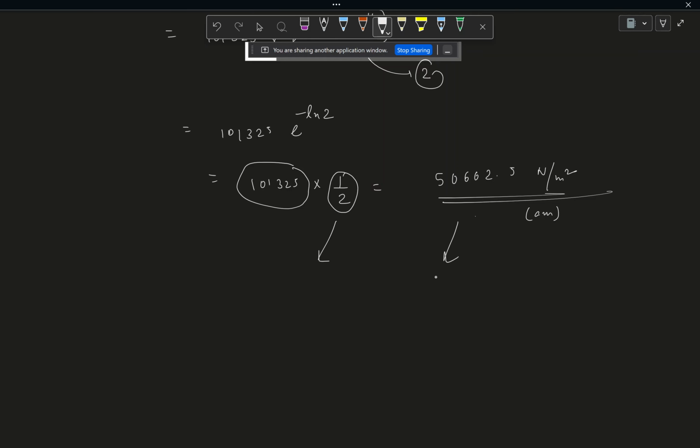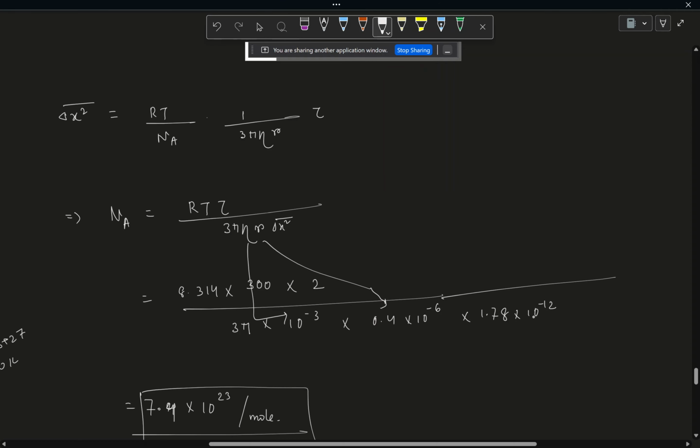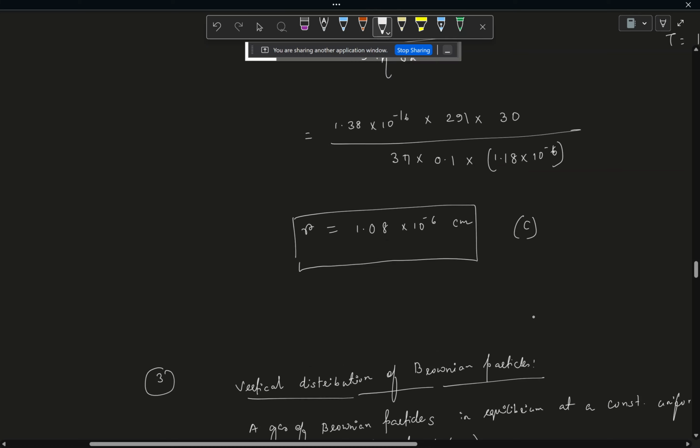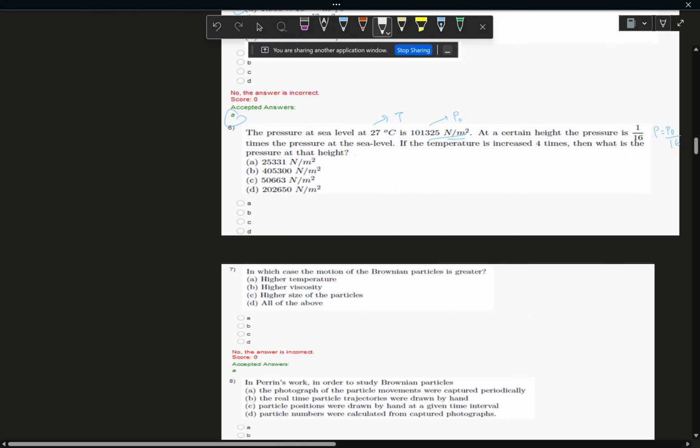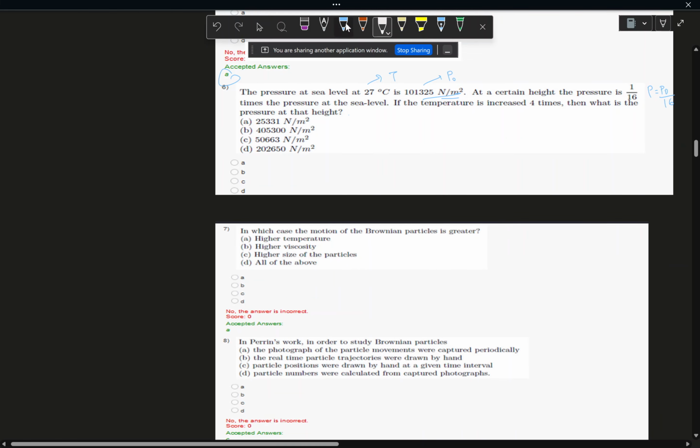So this is the pressure at height h from sea level. So simply by using the Brownian motion idea, you can calculate how much the pressure will be at a certain level from sea height. This also matches with the solution. This is what we get. So the answer is C.